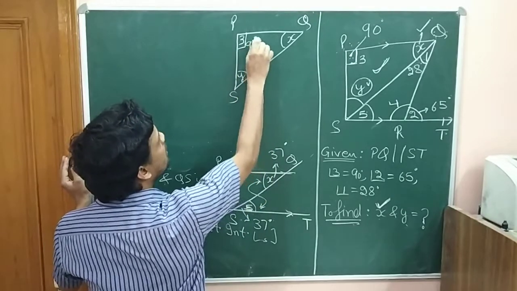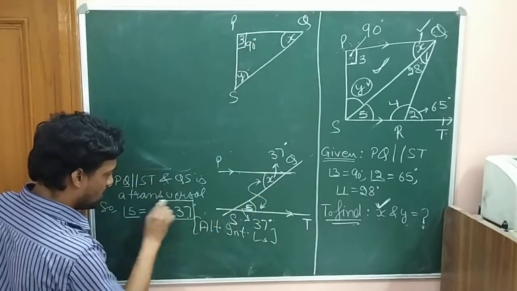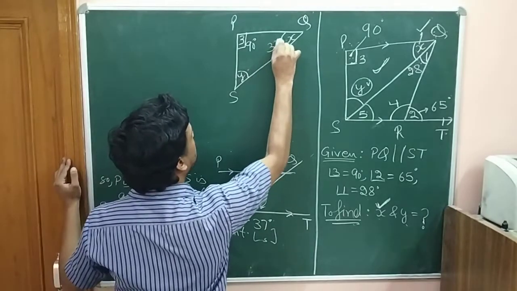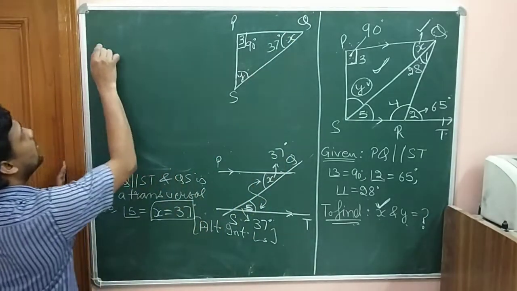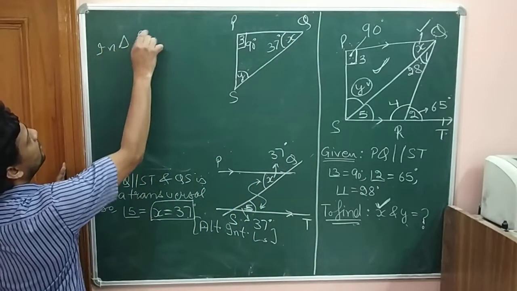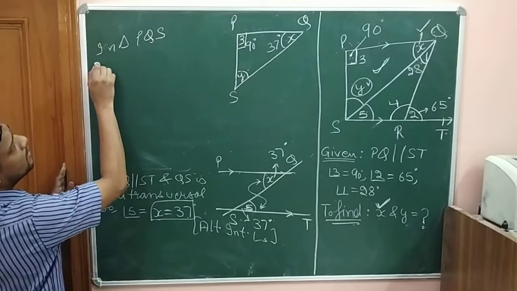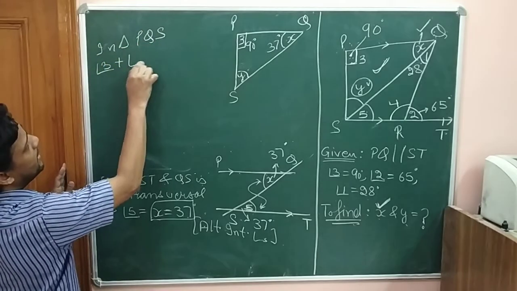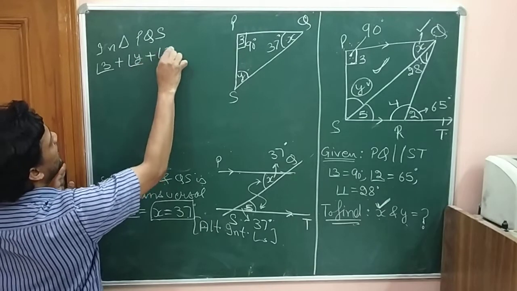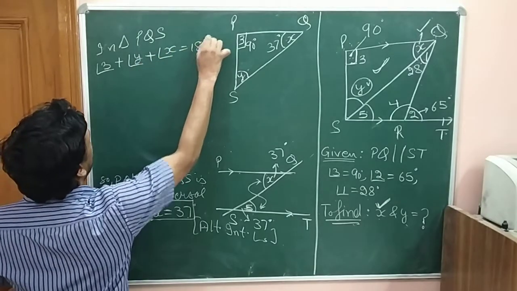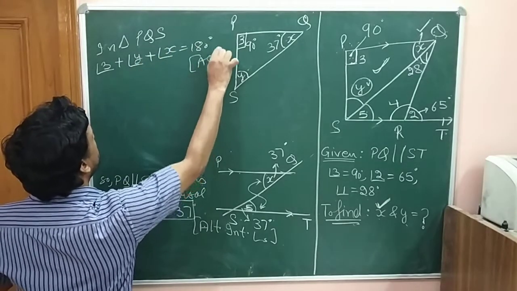This is 90 degree. Angle x we have already found, 37 degree. Now in triangle PQS, angle 3 plus angle y plus angle x equals 180 degree. Reason: angle sum property of triangle.